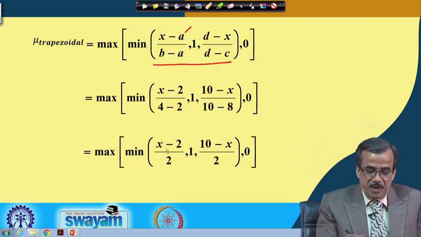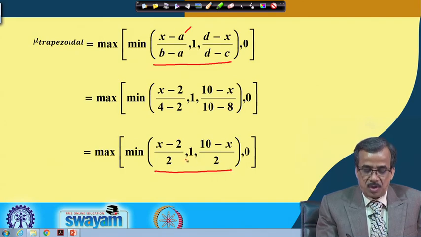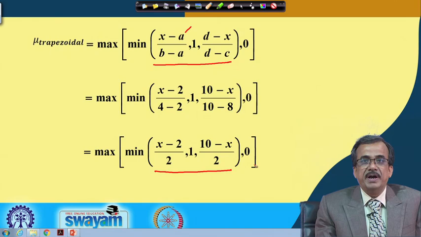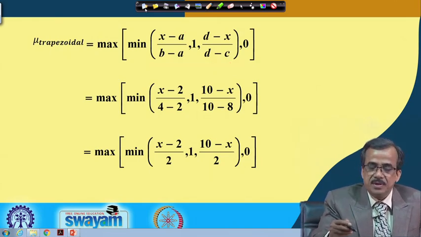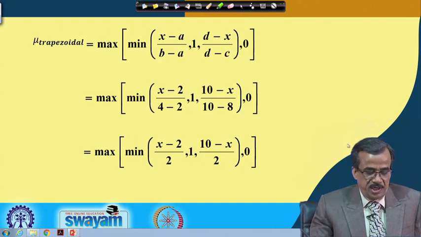If you simplify, this will become the minimum among (x minus 2) divided by 2, comma 1, (10 minus x) divided by 2, and we compare the minimum among these 3 with 0 and try to find out the maximum. And whatever you get, let me just try to see.